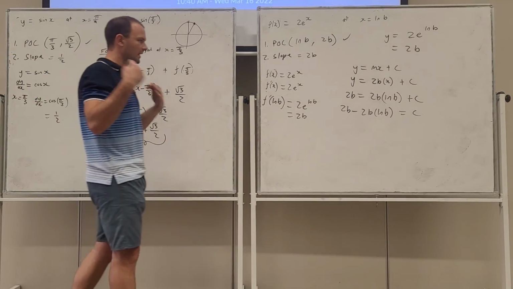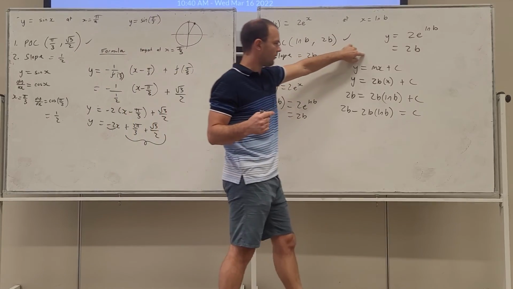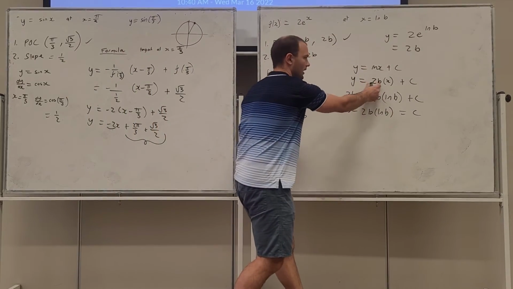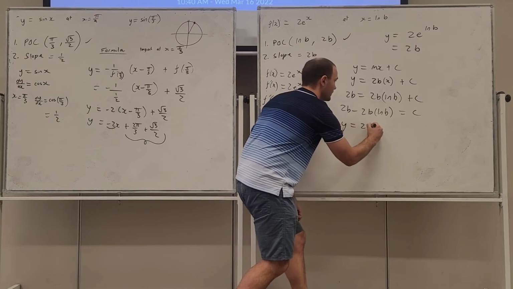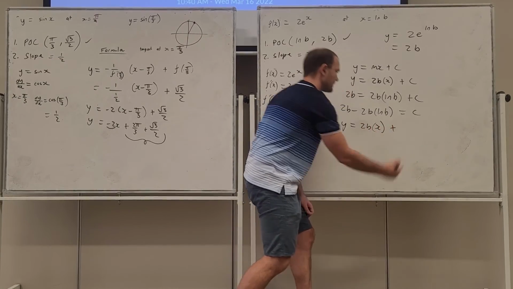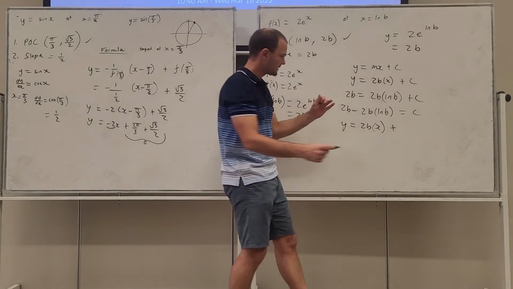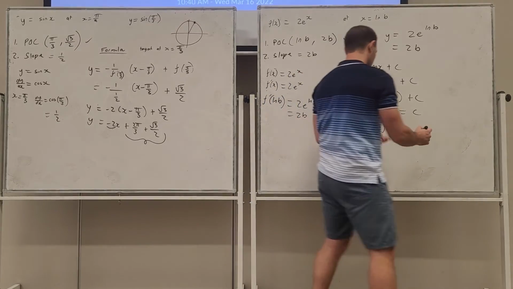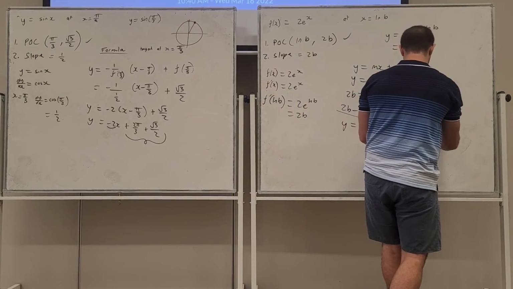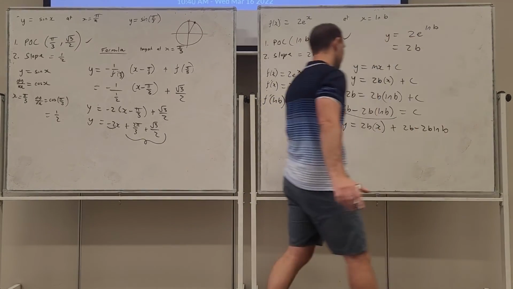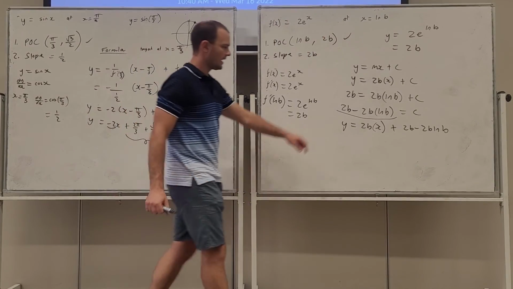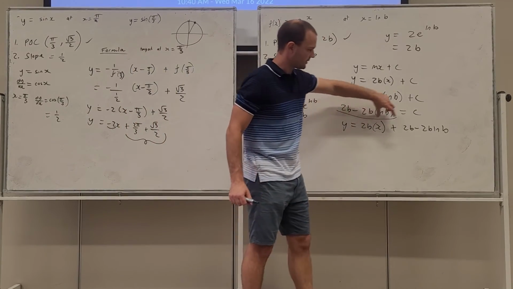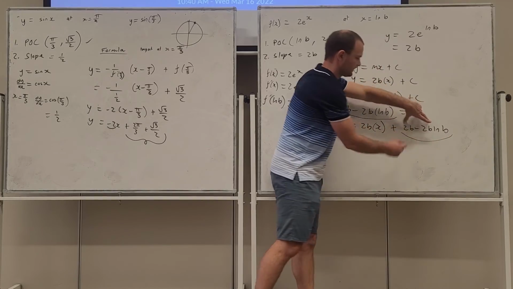So now let us state the equation of the line. It's y equals 2b times x plus c. What is our value of c? This one here. 2b, take 2b ln(b). You can see m, and you can see c.